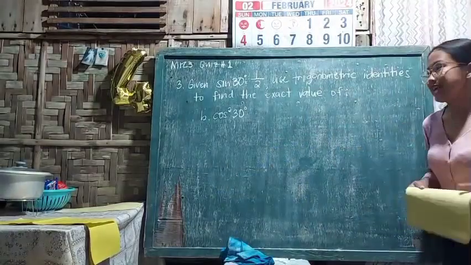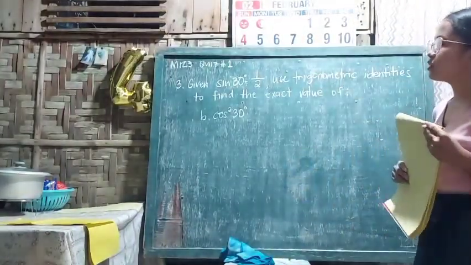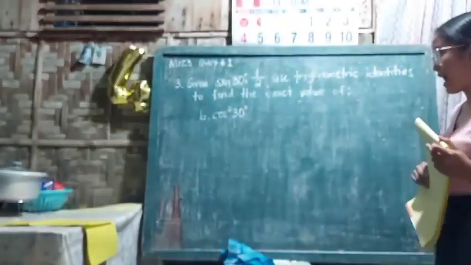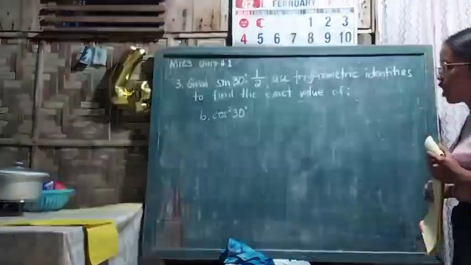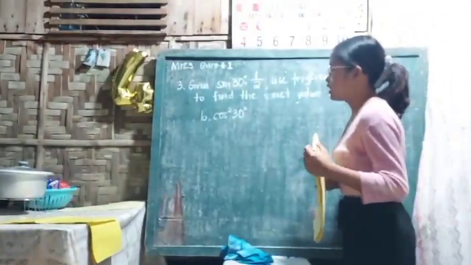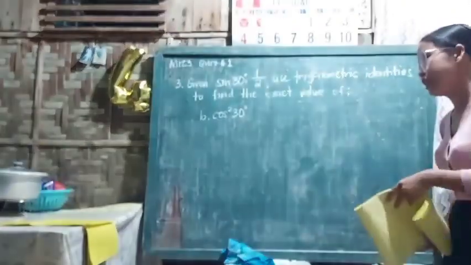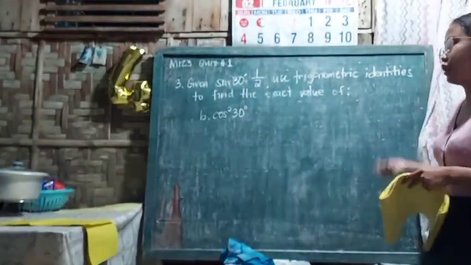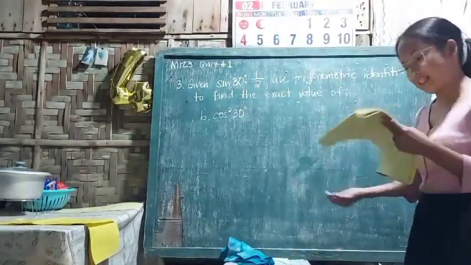Now for our next item, item number 3: given that sine 30 degrees is equal to 1/2, use the trigonometric identities to find the exact value of cosine squared 30 degrees. So, to find the exact value of cosine squared 30 degrees, we are going to use the Pythagorean identity.